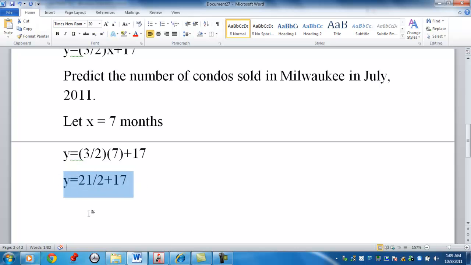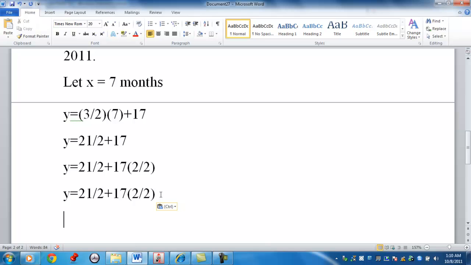Find a common denominator. To find a common denominator, we can multiply 17 by the fraction 2 over 2. What we need to do is find a common denominator. By doing that, you will get 34 over 2.